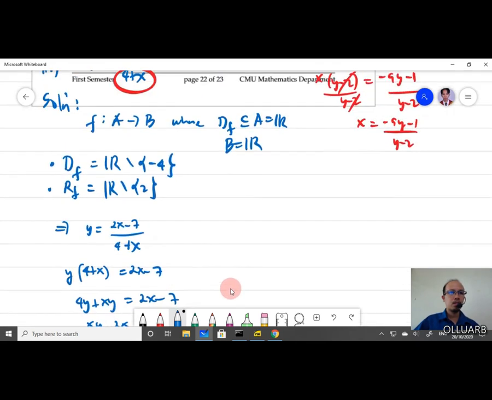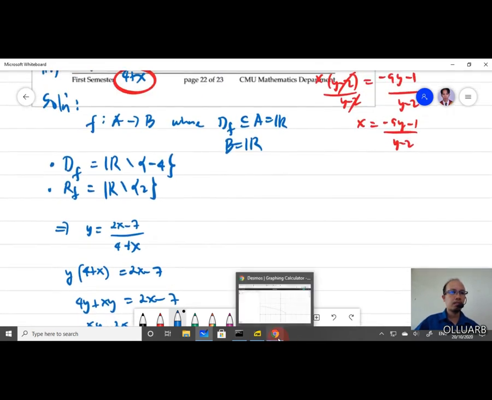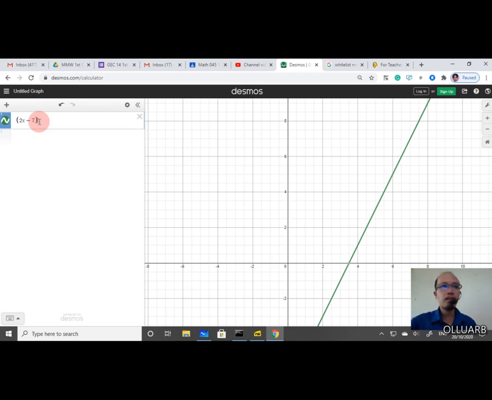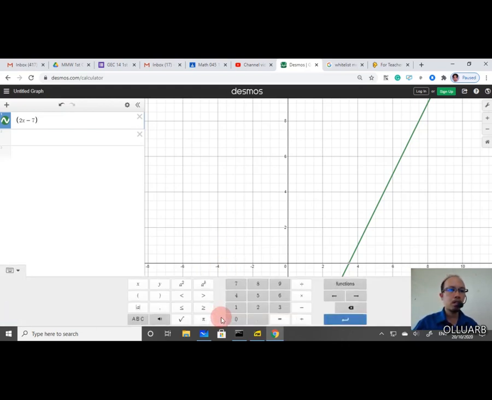Okay, so this is the graph of 2x minus 7 over 4 plus x.